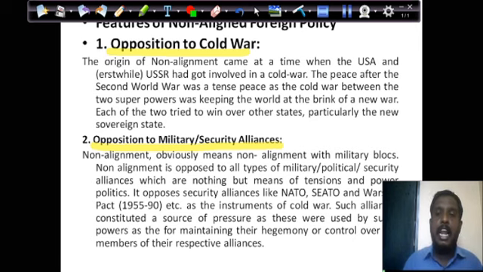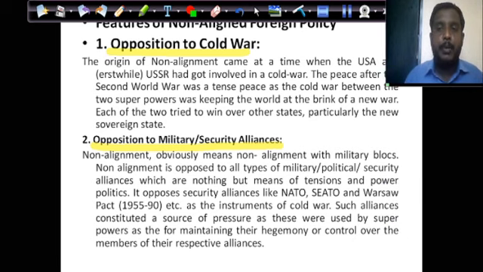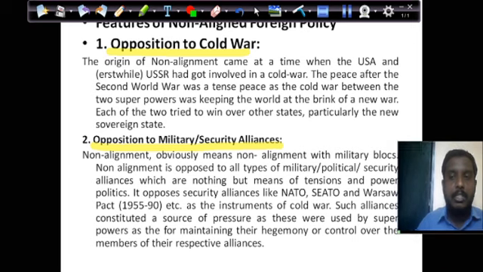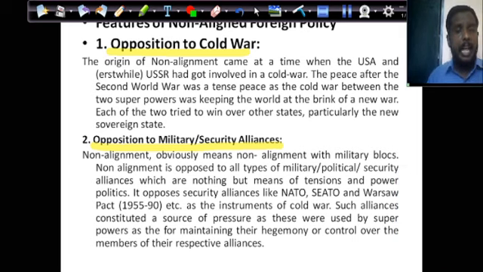A military alliance would definitely lead to a situation of war, and that is the major threat of these kinds of security alliances. Look at NATO, SEATO: NATO and SEATO were alliances of the US. Warsaw was the alliance of USSR. So these alliances were trying to keep the world on the verge of another world war.